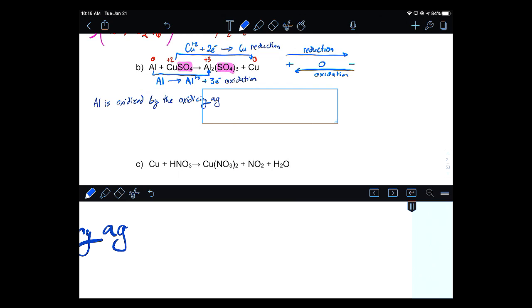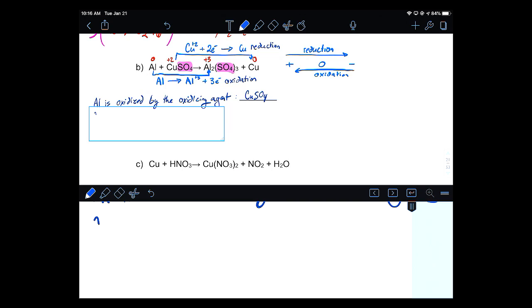The agent is the person that is responsible for this, or person, the chemical. And so the chemical that causes this aluminum to be oxidized would be the copper sulfate. That's the chemical, right? So that's what I would grab off my shelf. I can't actually just grab copper ions off my shelf. Those aren't available on my shelf.